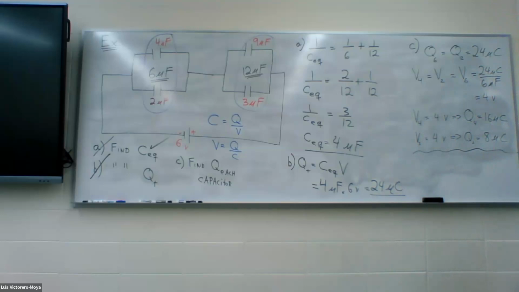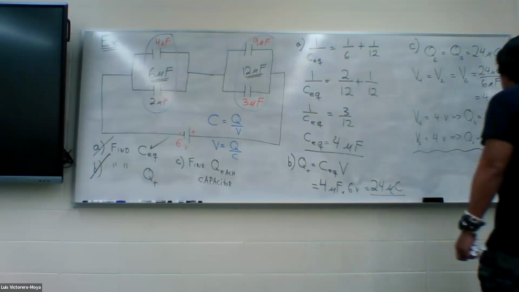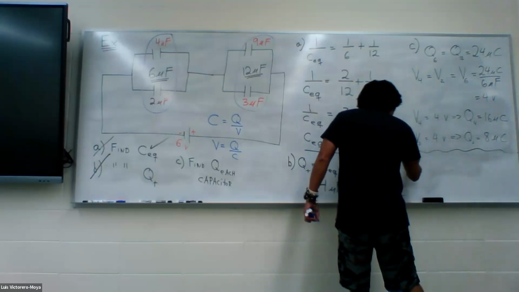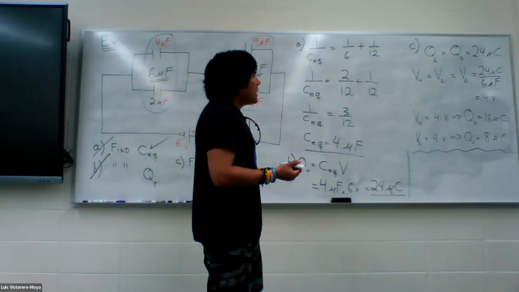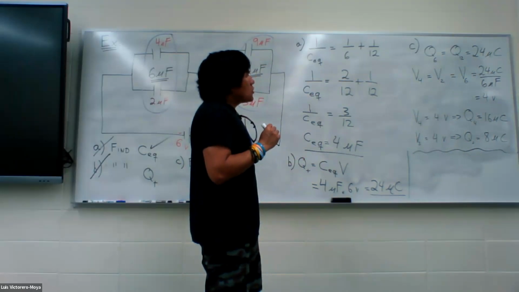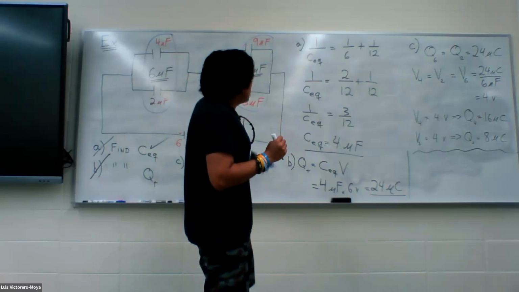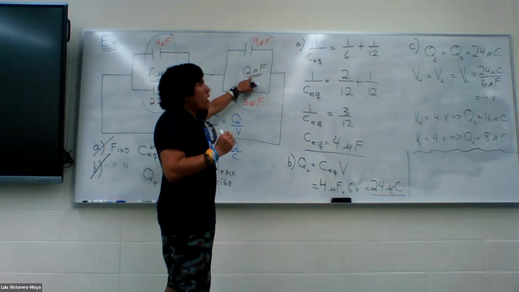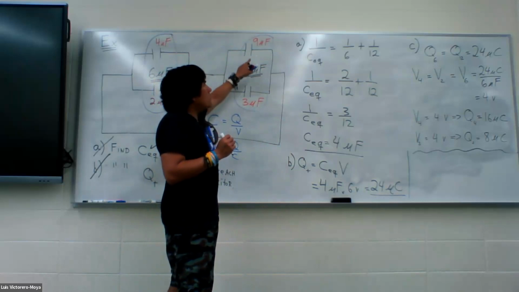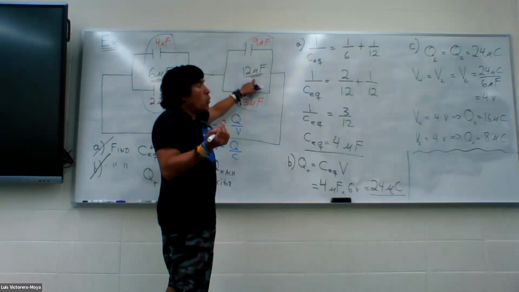All right. Now let's do 9 and 3. For 9 and 3, the analysis is the same. The voltage on 9 is equal to the voltage on 3 is equal to the voltage on 12. The voltage on 12 will be 24 divided by 12, which is 2 volts.